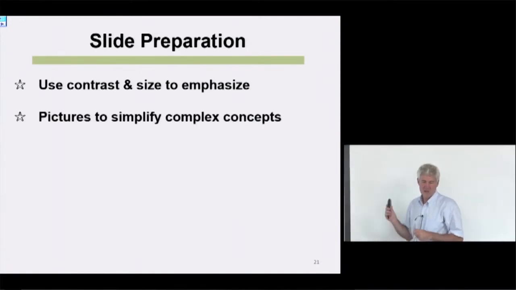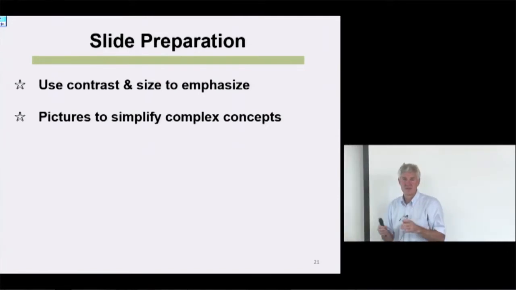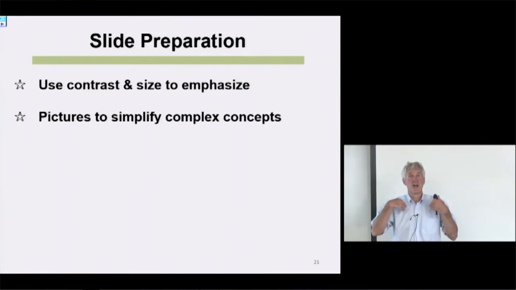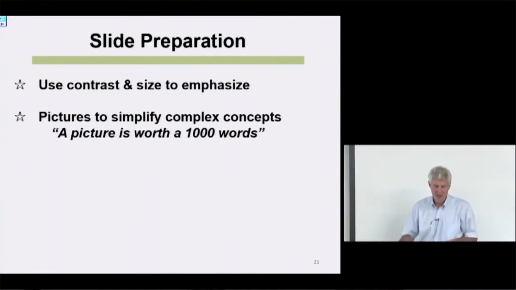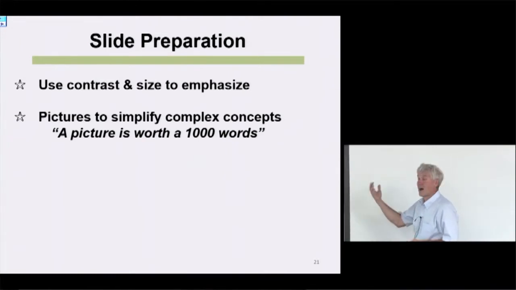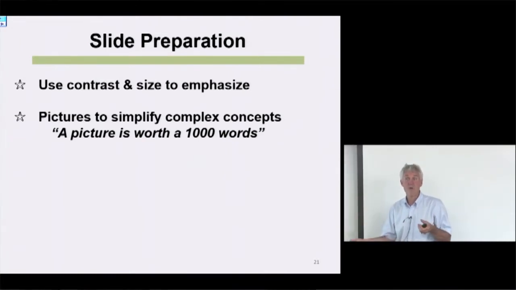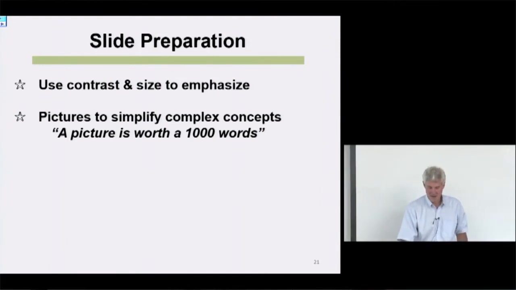And pictures or diagrams, they can tell you things that would take many, many more words. So in English, we have a saying, a picture is worth 1,000 words. So if at all possible, use those pictures or diagrams.